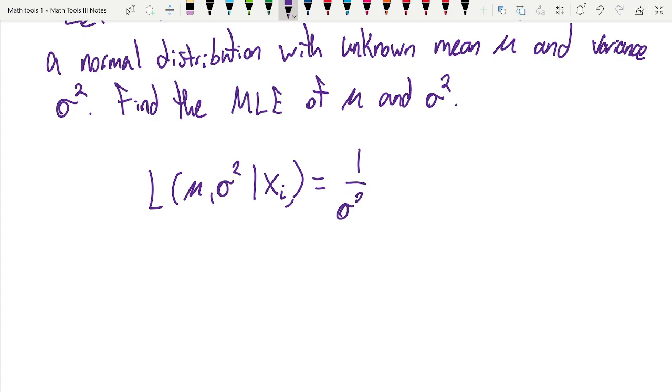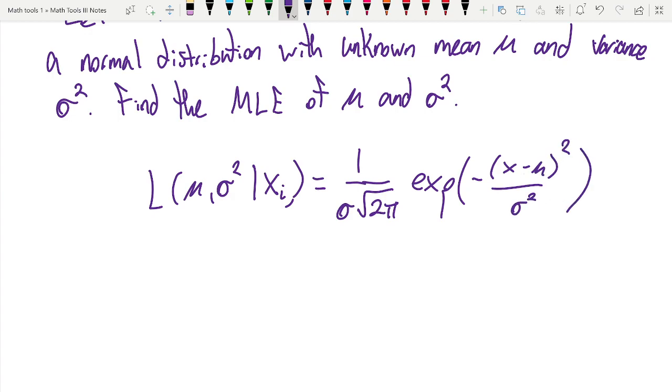Okay, so anyway, this would be 1 over sigma root 2 pi, and then e to the, which we can write as the exponential function of negative x minus mu squared over 2 sigma squared. So this is for one xi.